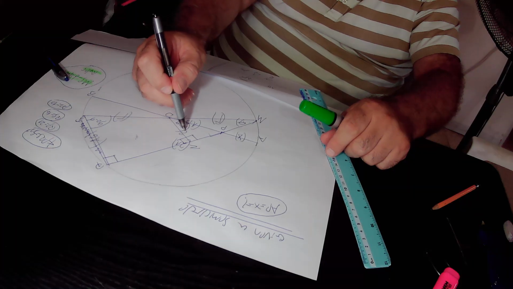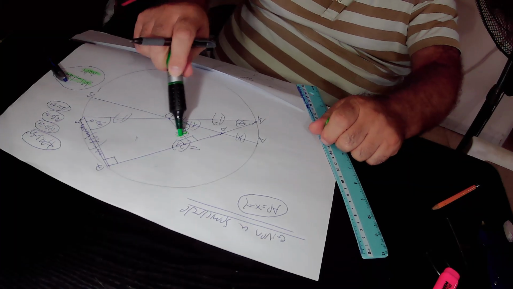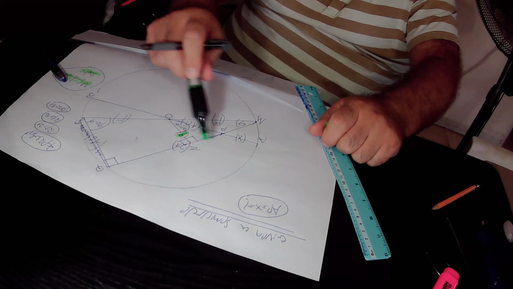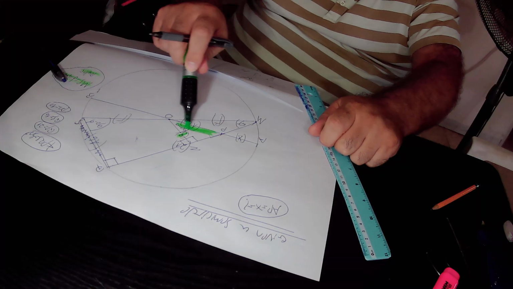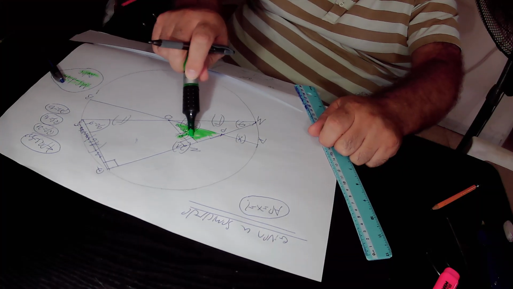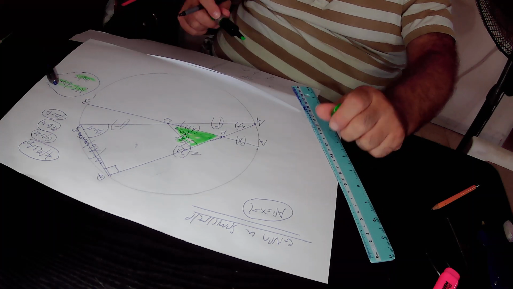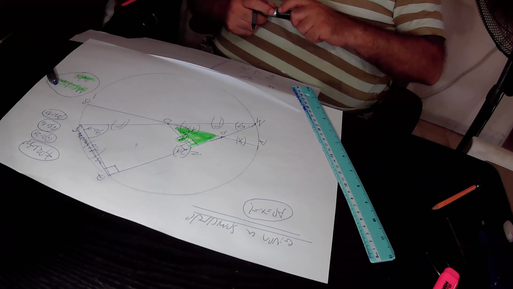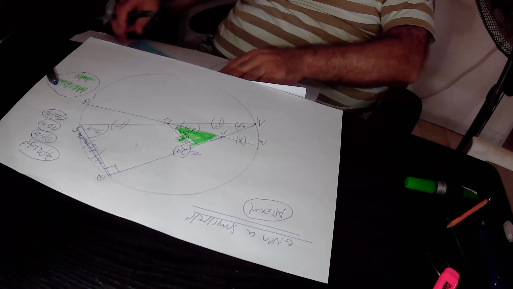In the next step, we will implement the Pythagoras theorem in the small right triangle ONP. According to the Pythagoras theorem, in any right triangle, the square of the hypotenuse equals the sum of the squares of the perpendiculars.